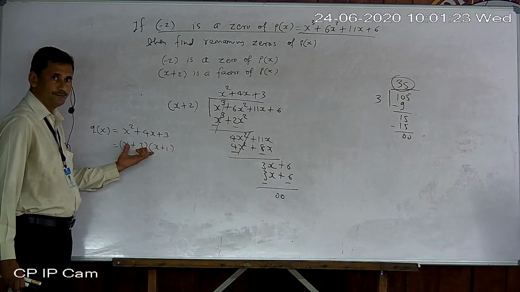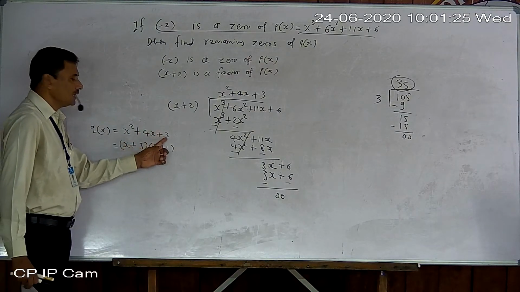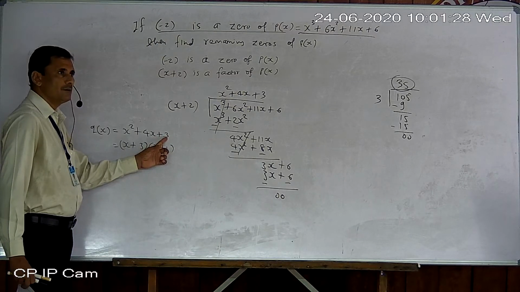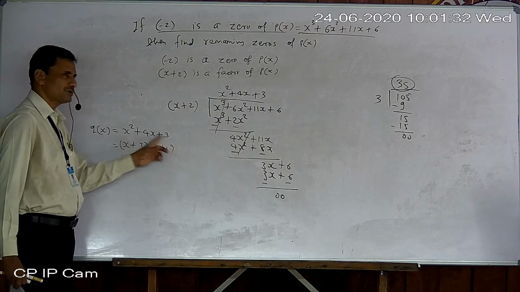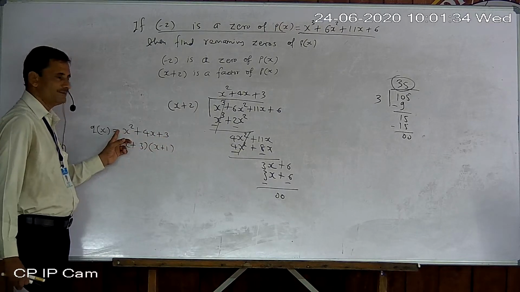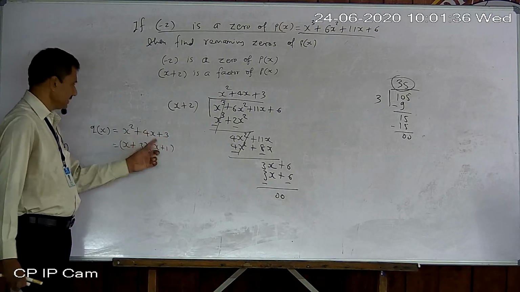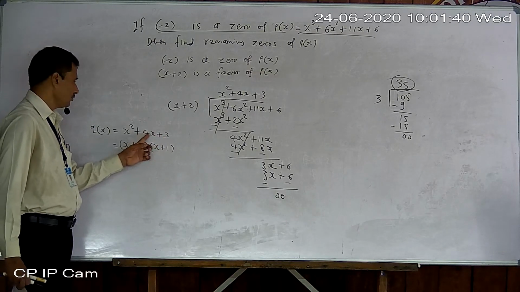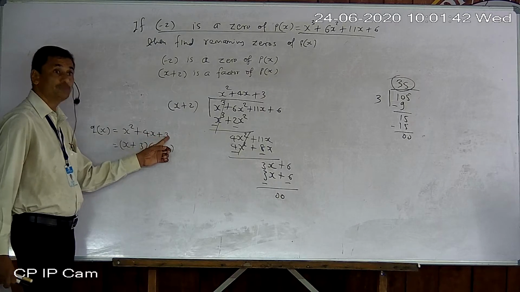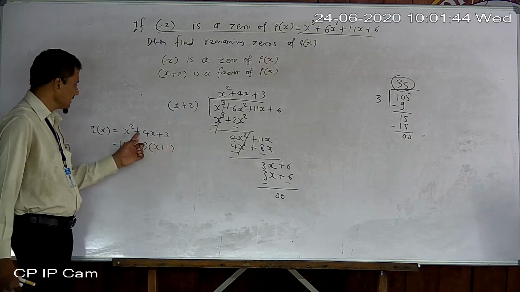How? Just find factors of the first and last product. The product of the first and last is 3 only. So 3 1s are 3. By addition we get 4. We want 4 by addition of the factors of 3. Okay. So 3 1s are 3. The sign should be plus.